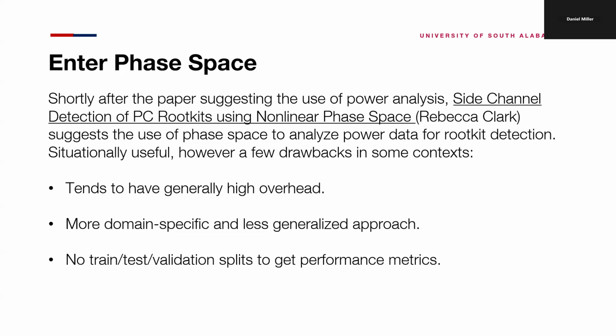What is very important for my research is Becca's work. It is side channel detection for rootkits. She is using phase space for detecting rootkits based on the power data. There are, I don't want to say downsides, but every solution has upsides and downsides. That's an engineering principle.